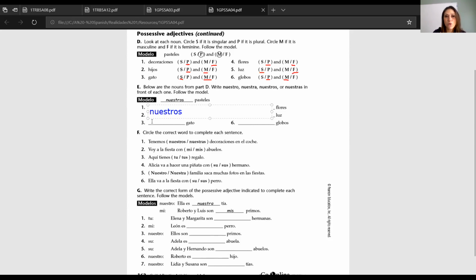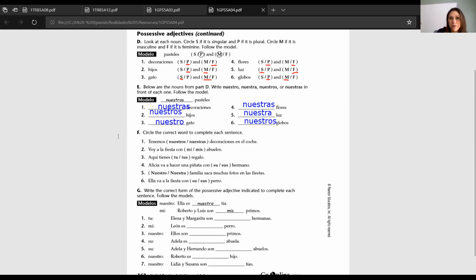Nuestro gato. Nuestras flores. Nuestra luz, because it is feminine and singular. Nuestros globos, because it is masculine, so it's o, and it's plural, so it's os.